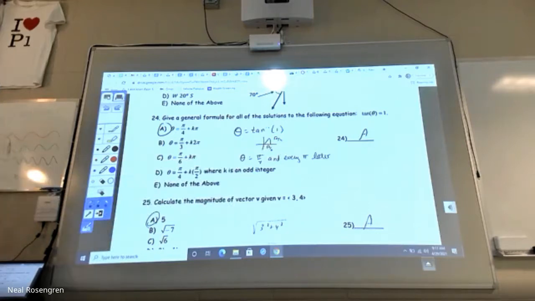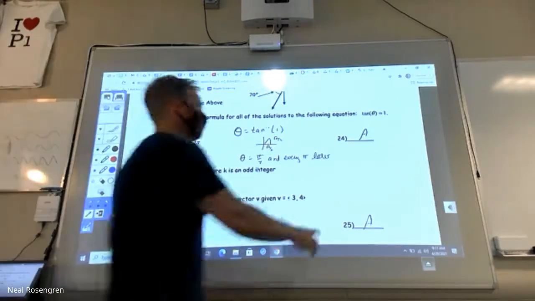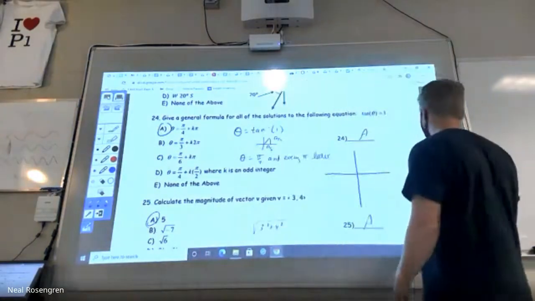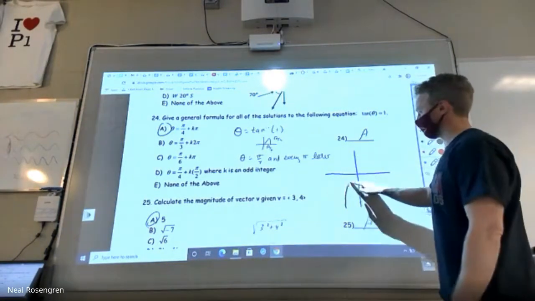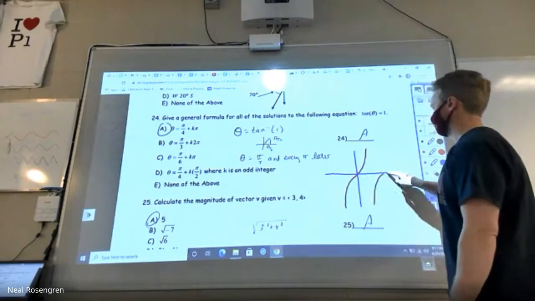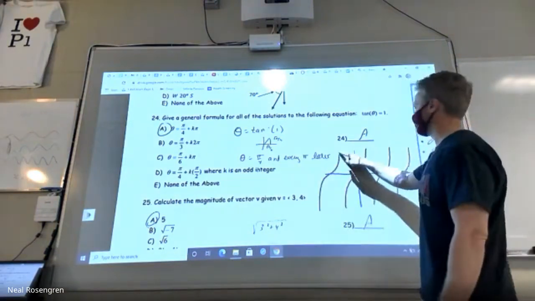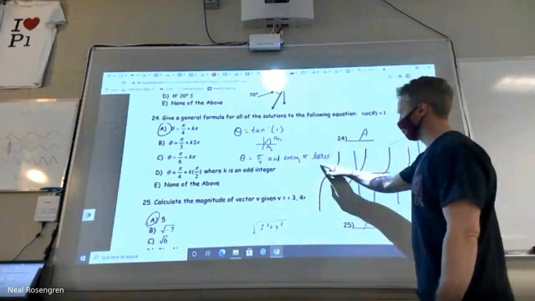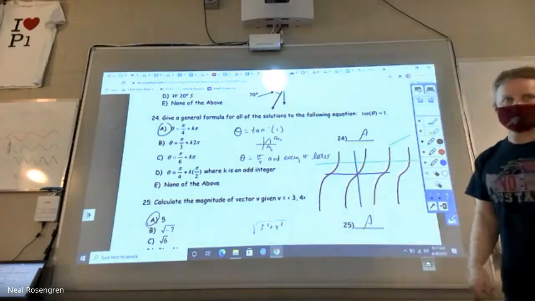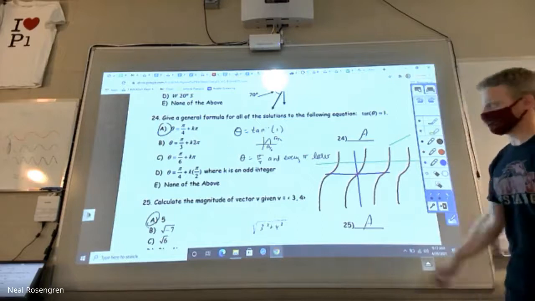Trig functions are periodic, which means they repeat over and over and over again. And so if I'm drawing something like tangent, I'm trying to figure out where this thing is equal to 1, right? Tangent of theta equal to 1.